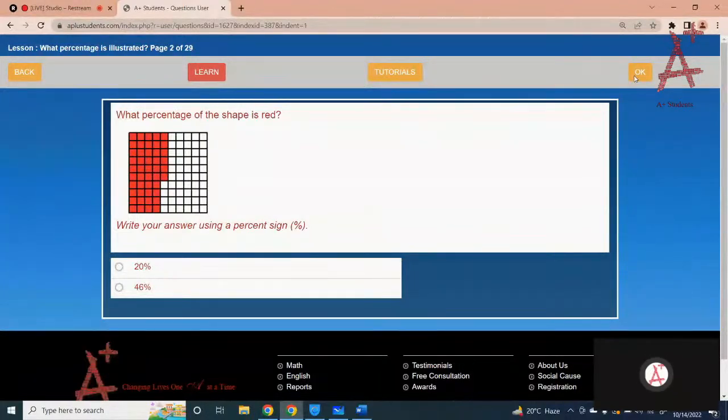So we have six squares that are colored. So that means 46% of the shape is colored. Got it? So the correct option is 46%. So just select the correct option and click on the OK button.